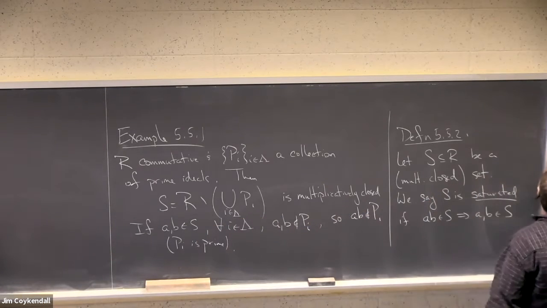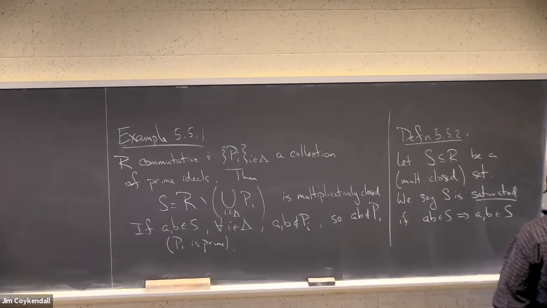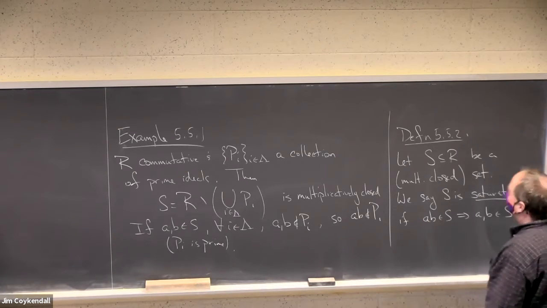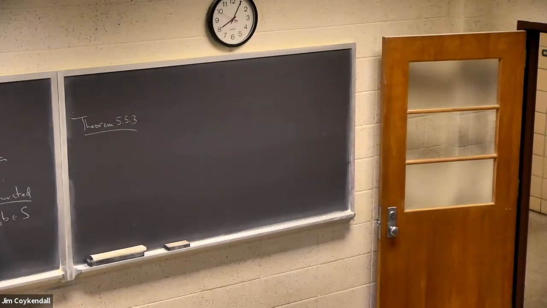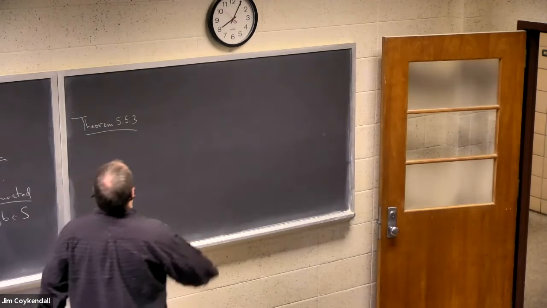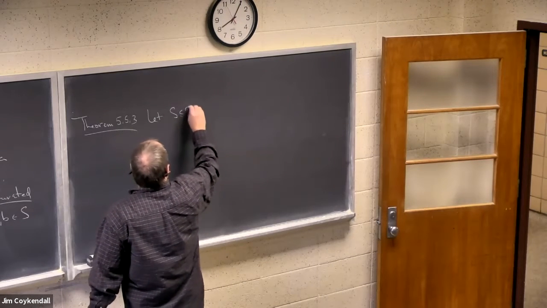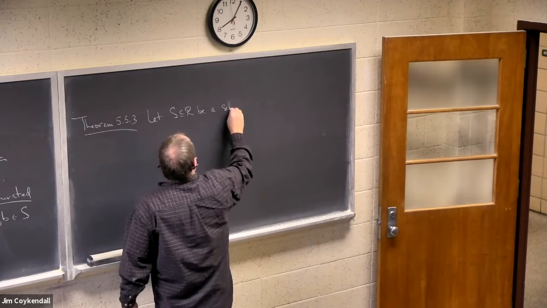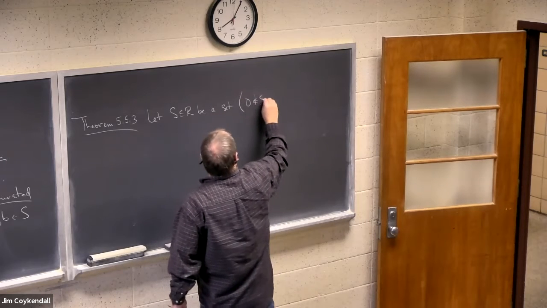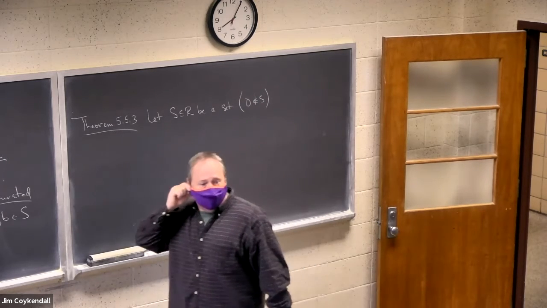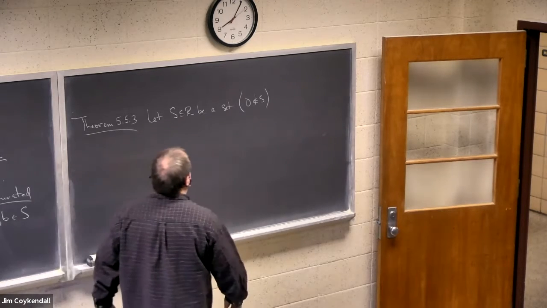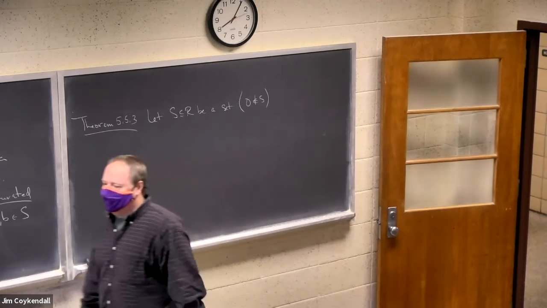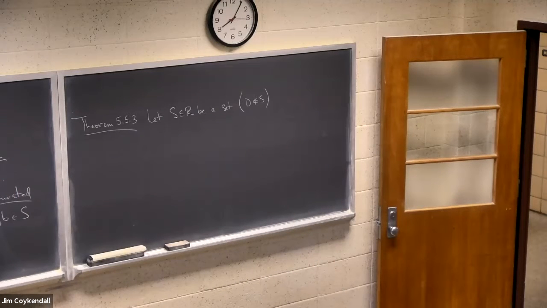And here's the theorem. Let's suppose that S is a set not containing zero. And you can assume that R is commutative, even with identity, although that's not really necessary.